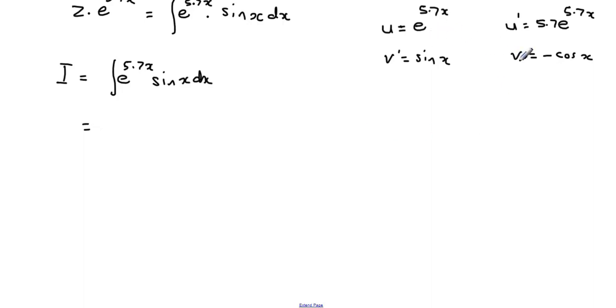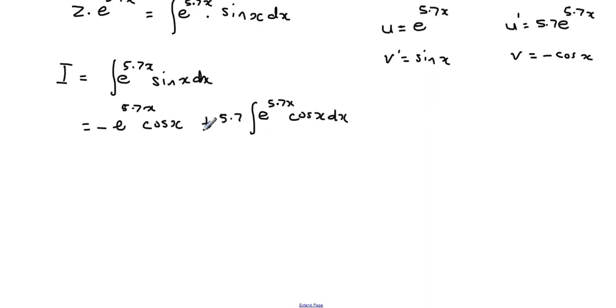Now we have to multiply those, which is going to give us minus e to the power 5.7x multiplied by cos x plus 5.7 integral of e to the power 5.7x multiplied by cosine x.